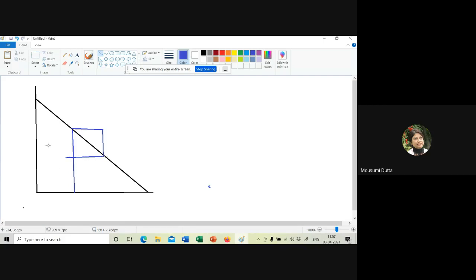So this time what I have done is extended this price line beyond the first quantity. This is the first quantity, and I have extended it up to this. In the previous diagram, I stopped here, and now I have extended this up to this.